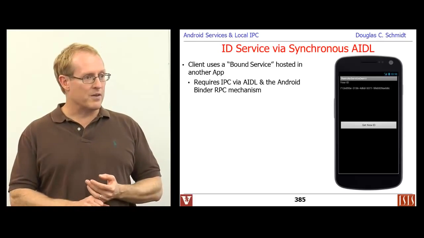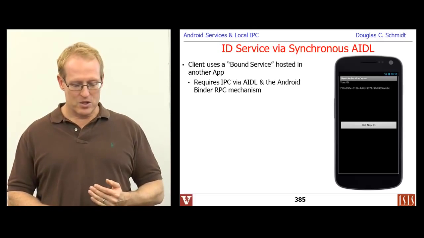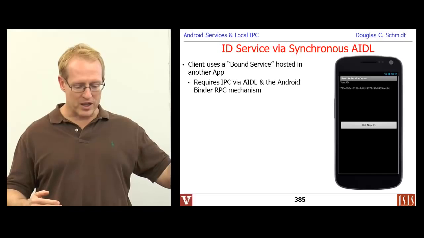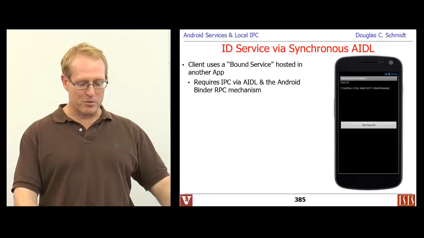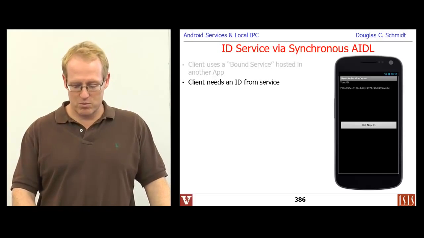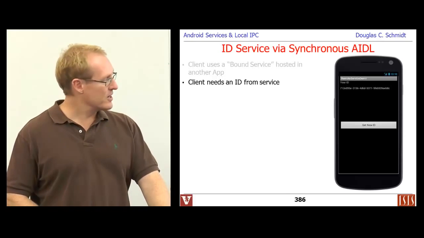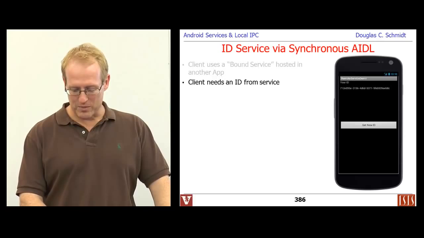So the way it's going to work, we're going to have a bound service that's going to be hosted in another app. So the service is going to run in a different app from the client, which requires all the stuff we've been talking about. The client's going to need an ID from the service, which is unique. You probably have a hard time seeing this, but if you take a look at the board up there, there's a button called Get New ID.